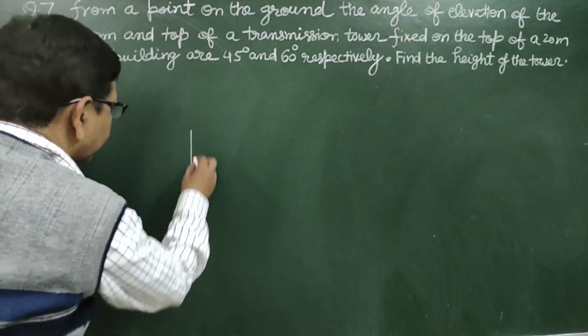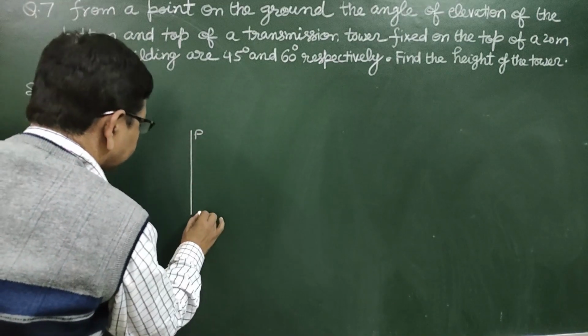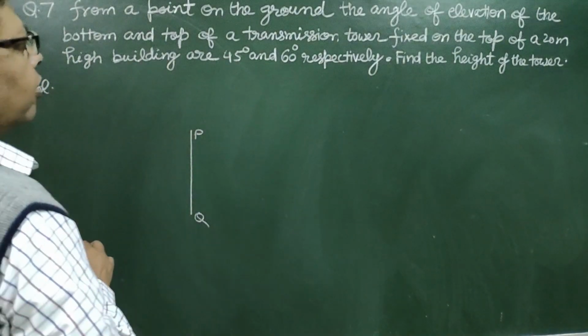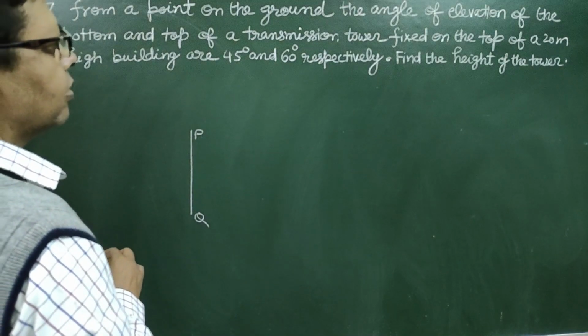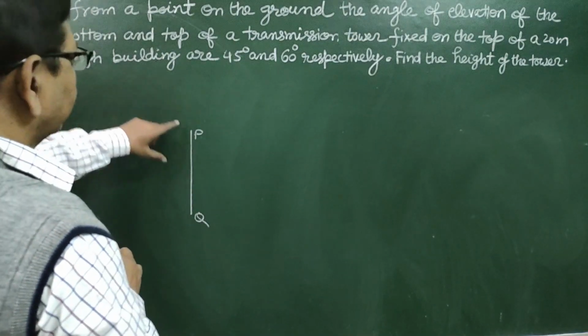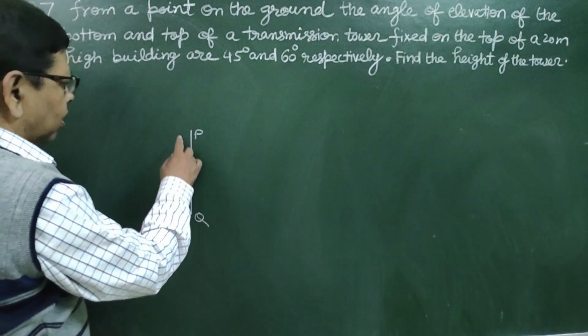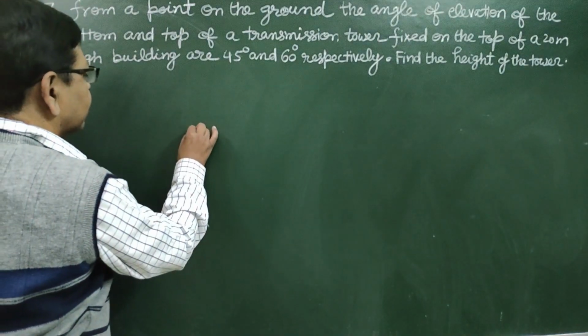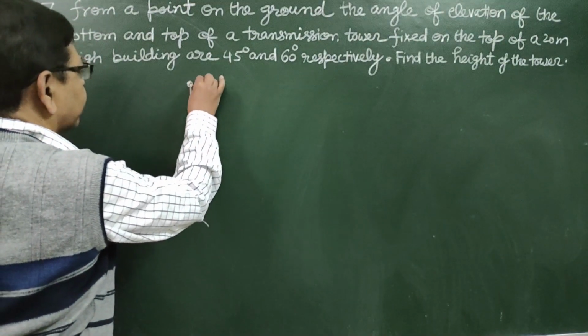Let PQ be a building, and on this building PQ there is a transmission tower PR.